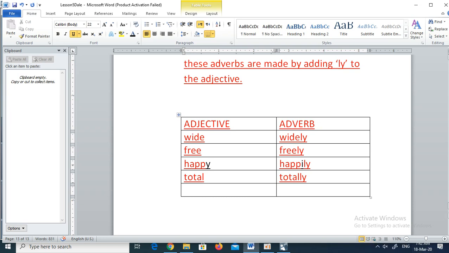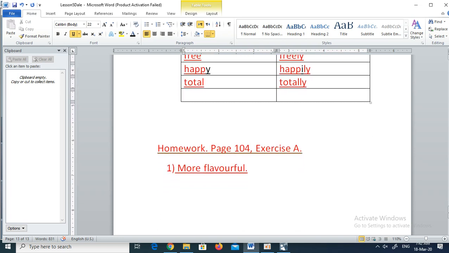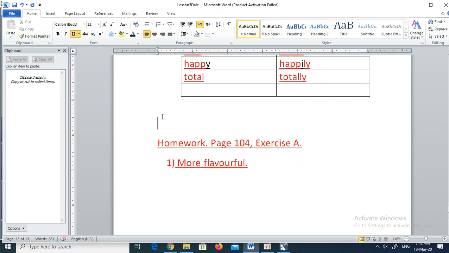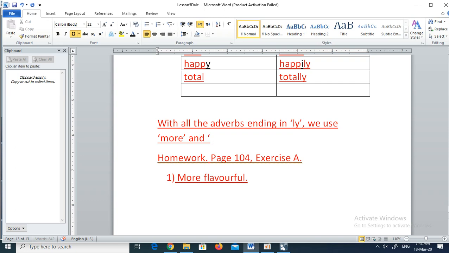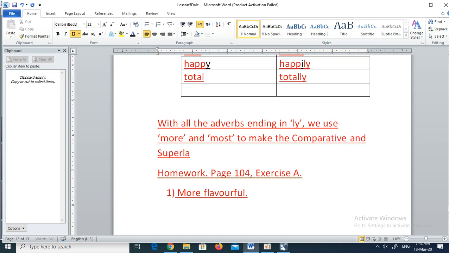Now, in all the ly adverbs, in all of those ending in ly, we use more and most to make the comparative and superlative degrees.